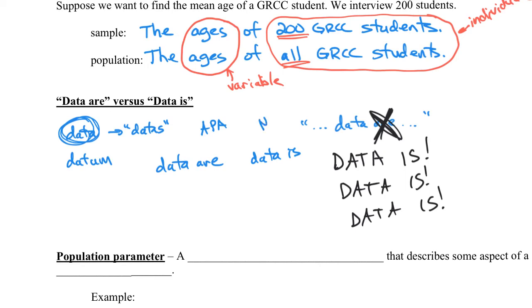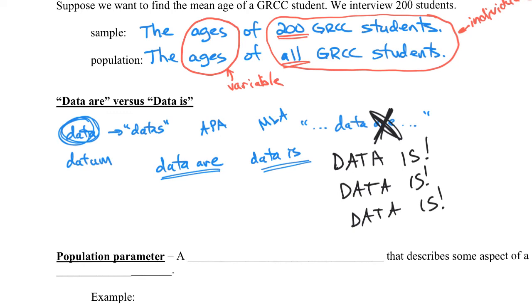I can't remember exactly, but the MLA guide, I think, says that either one is okay. So they're both fine. Use whichever one you want. In most technical areas, in most technical people, you'll see the phrase data are. In everyday speech, you'll typically see data is. Either one is fine.